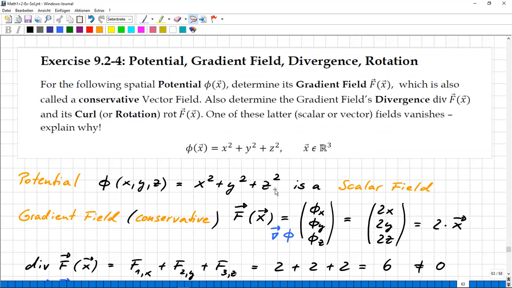In spherical coordinates, this would simply be r squared. It's sort of unnatural, because if you think of energy, this would be a potential energy which increases if you move away from the source of energy.